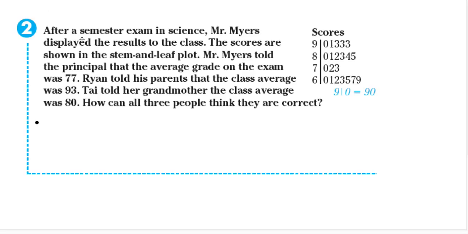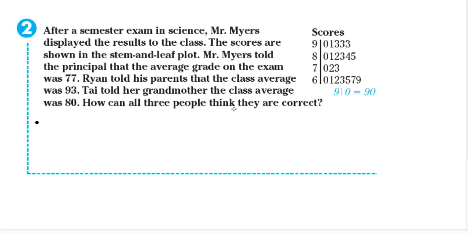Okay, let's take a look at this example, and let's wrap this up. After a semester exam, Mr. Myers displayed the results to the class. The scores are shown in the stem and leaf plot. Mr. Myers told the principal that the average grade in the exam was 77. Ryan told his parents that the average class grade was 93. Tai told her grandmother the class average was 80.